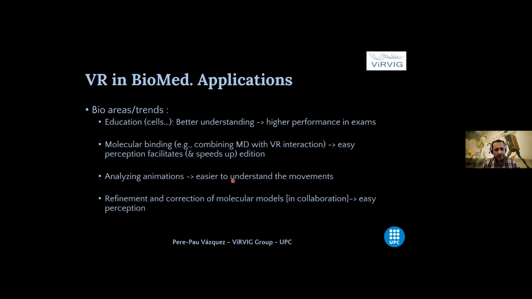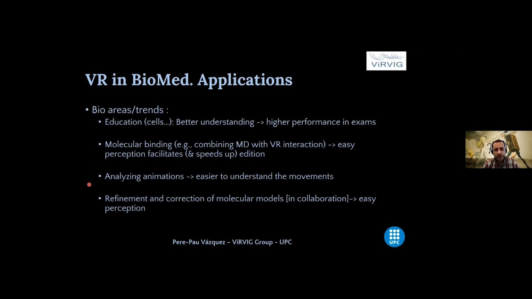So there are different trends, areas of application that you find in biological data. For example, there are a lot of applications related to education, to understand cells, understand molecules, and so on. There are also applications related to interacting with molecules, such as molecular binding, for example, combining molecular dynamics with virtual reality interaction, because the easy perception facilitates the addition of the elements.